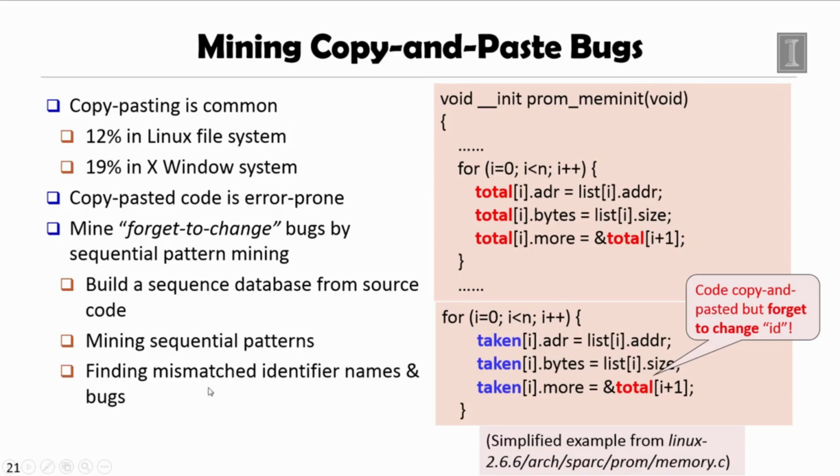Then we may find some mismatched identifier names, which are the bugs. This was done by YY Zhou's group, when she was at UIC.